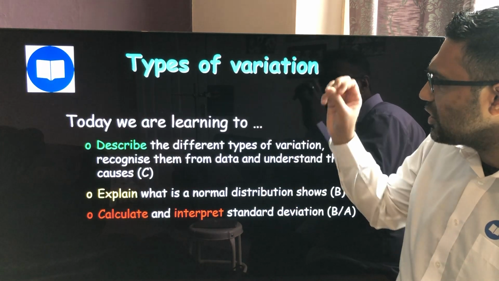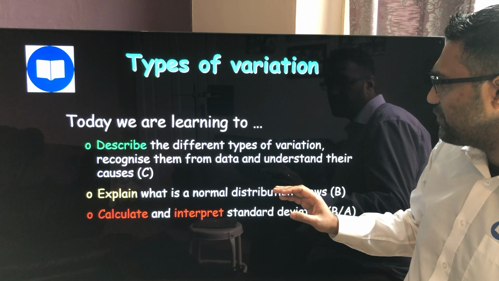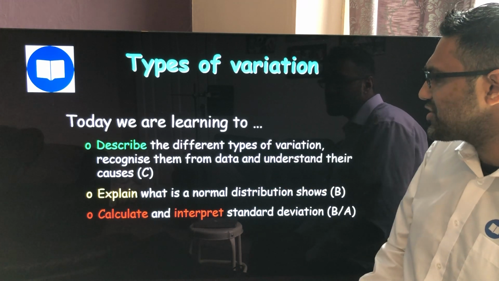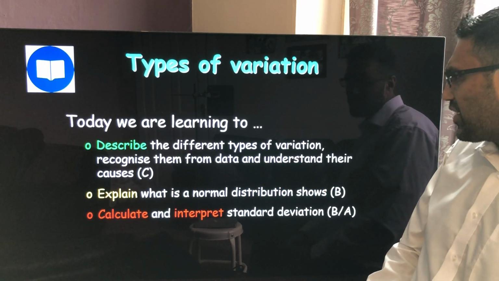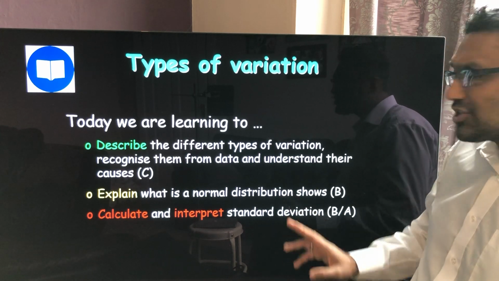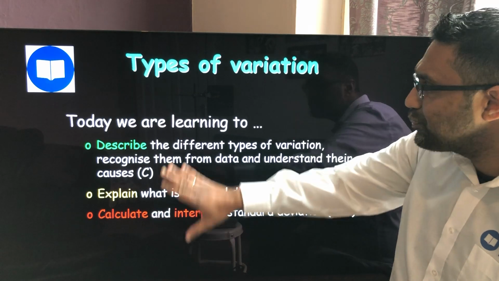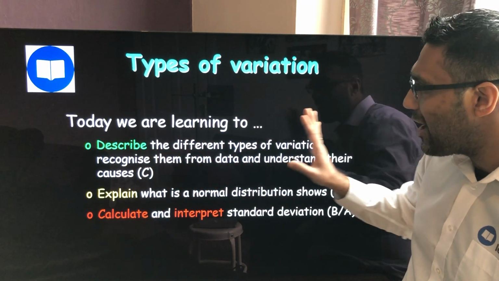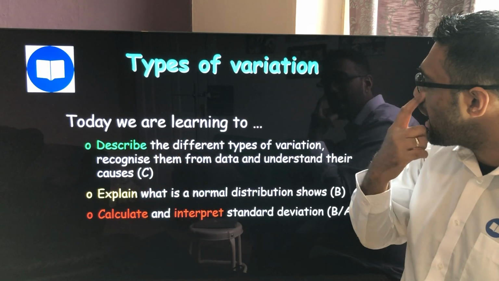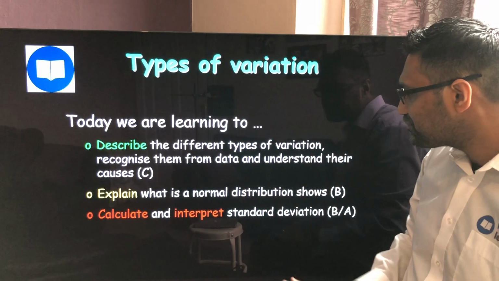Now this is where we're going to start looking at the types of variation. So the different types of variation, recognize them from data and understand their causes. What is a normal distribution? Now we talked about this already when we looked at the types of selection and how you get selection pressures.